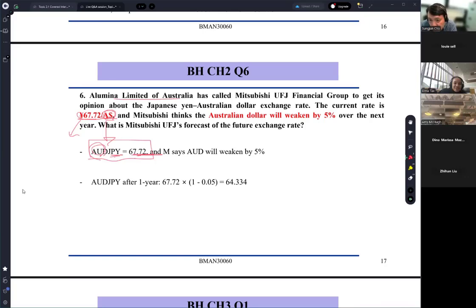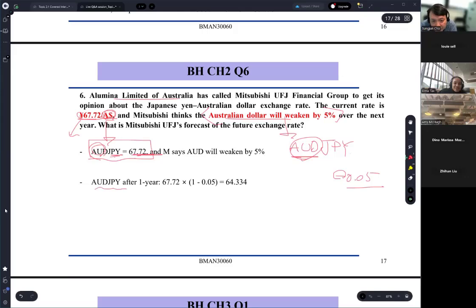And then Mitsubishi thinks the Australian dollar will weaken by 5%. When we say the Australian dollar will weaken by 5%, they are using AUD/JPY, so the currency in the denominator will depreciate by 5%. So the change will be minus 0.05. Depreciation of AUD by 5%.